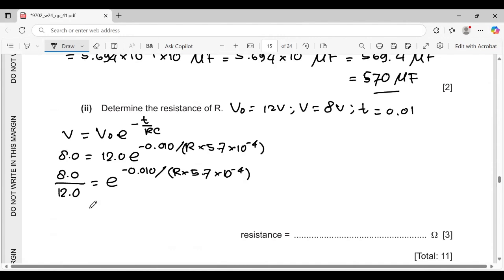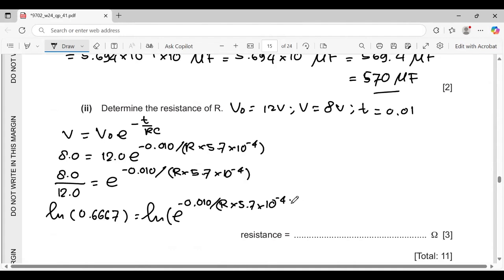If you calculate, this is 0.6667, but I would like to use logarithm, ln. 0.6667 equals ln of e to the power minus 0.010 over R times 5.7 times 10 to the power minus 4.